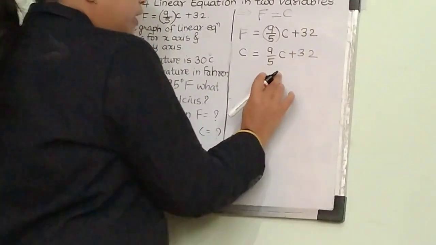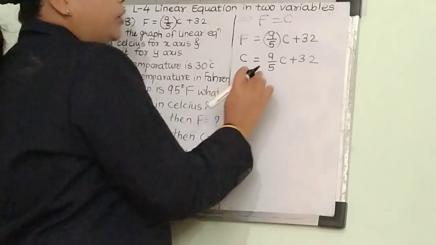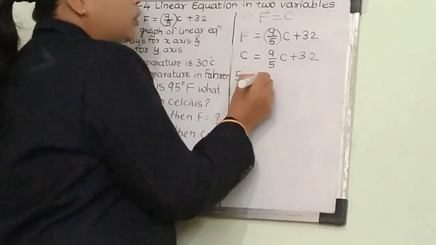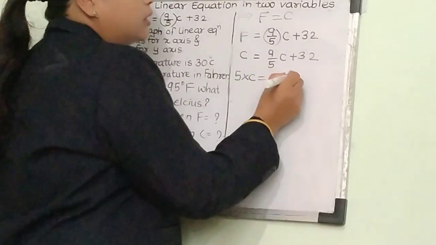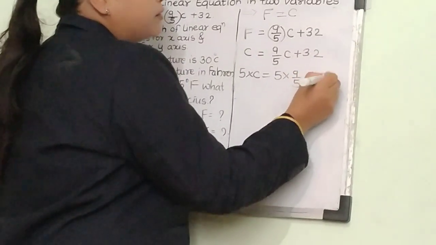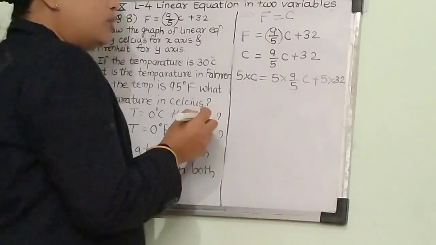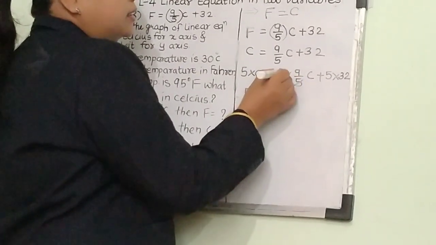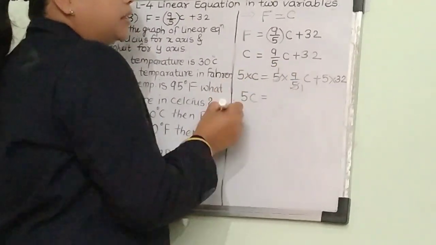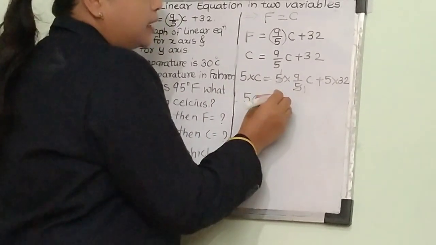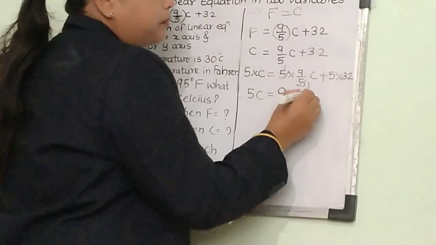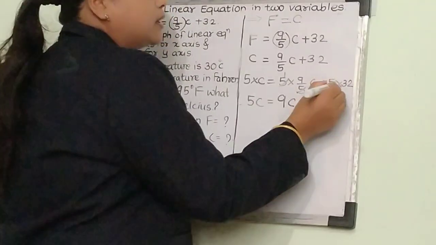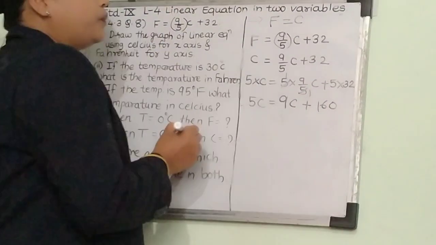Now this term we are going to shift to this side, or we can remove the 5 first. So what happened here? Multiplied by 5, two whole terms, 5 into 9 upon 5C plus 5 into 32. So what happened here? 5 into C, that is 5C, equals, here 5 will get cancelled, left 9C plus 5 into 32, that is 5 2s are 10, 5 3s are 15, plus 160.